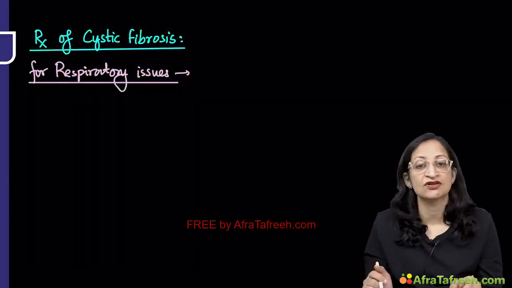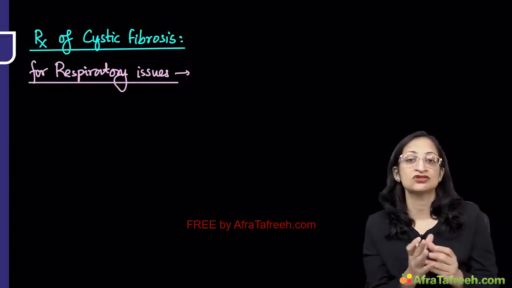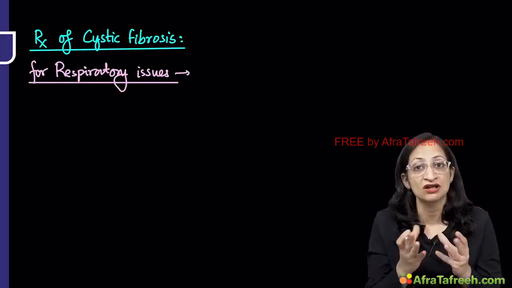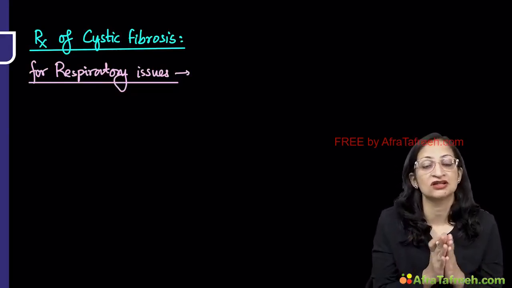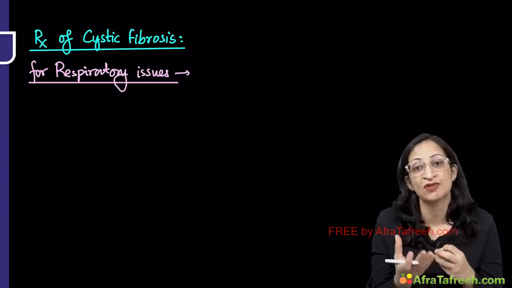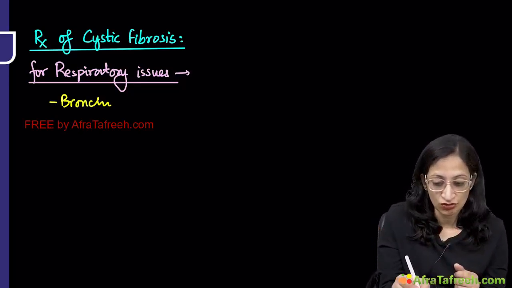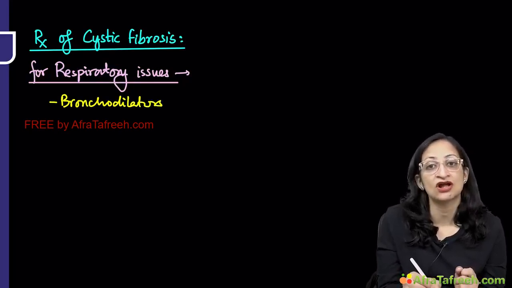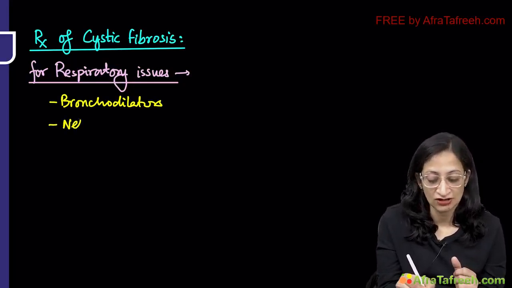Now the treatment of cystic fibrosis. For the respiratory issues, the respiratory secretions are getting stuck in the bronchus and bronchioles, obstructing them, and there is also bronchospasm, so bronchodilators are going to help. Inhaled 3% or hypertonic saline helps in loosening the secretions.